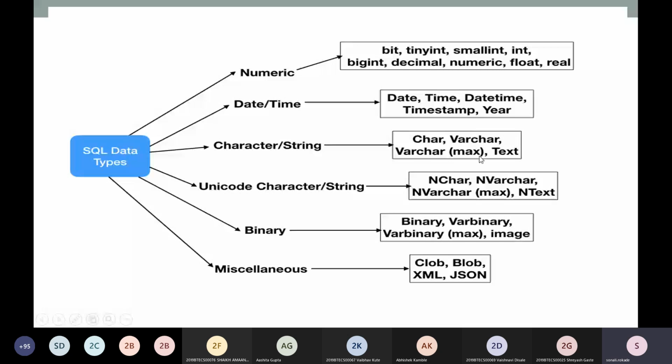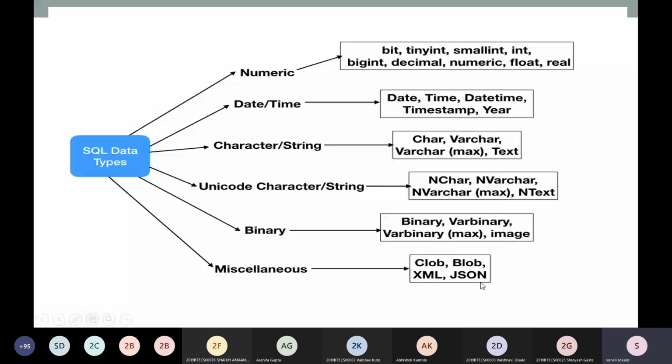Unicode character or string, for that purpose we need to add a capital N: nchar, nvarchar, nvarchar max, ntext, then binary, varbinary max, image, miscellaneous, clob, blob, XML, JSON.